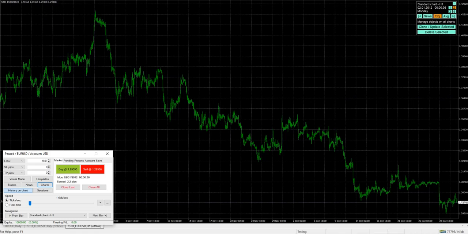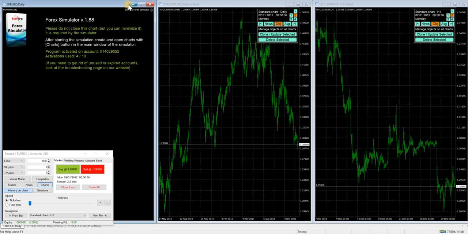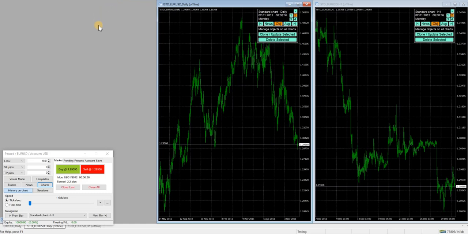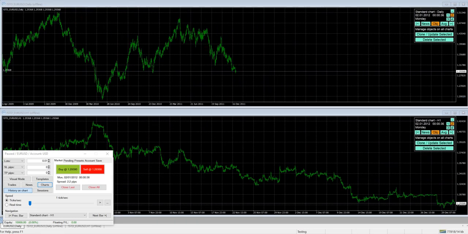And we could probably go up to the windows here, and we'll just tile them vertically. We'll get rid of that one. We don't need that one. We just have to keep it open, but we don't need to display it. So we'll tile vertically, horizontally, vertically, Jim.